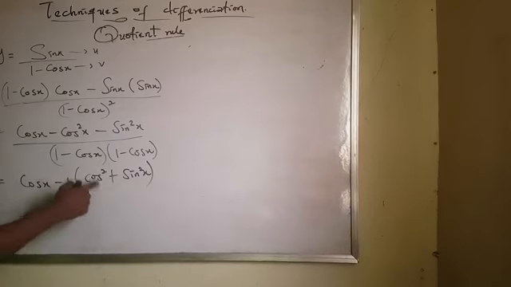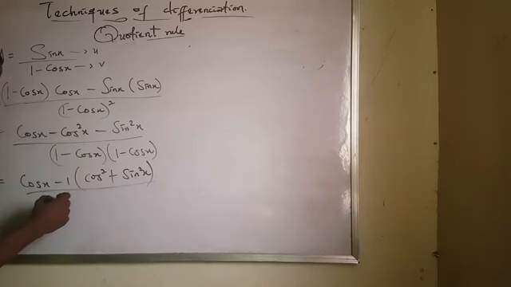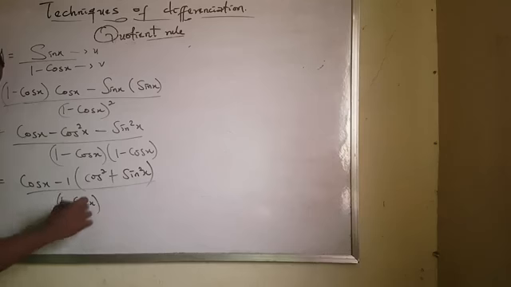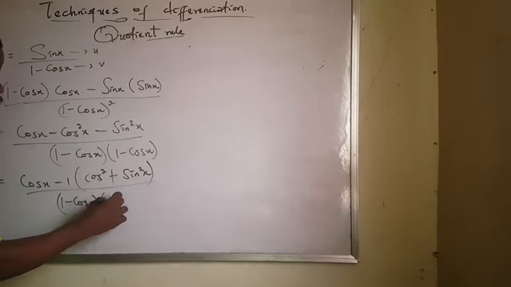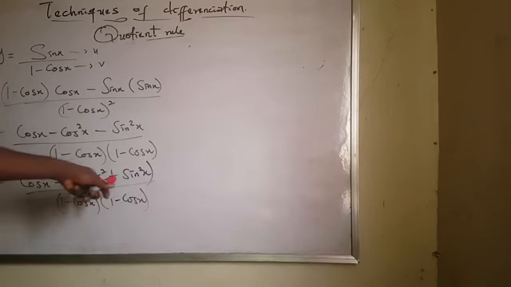Yes, this minus, then everything upon 1 minus cos x, and you have 1 minus cos x. Cos square x plus sin square x.